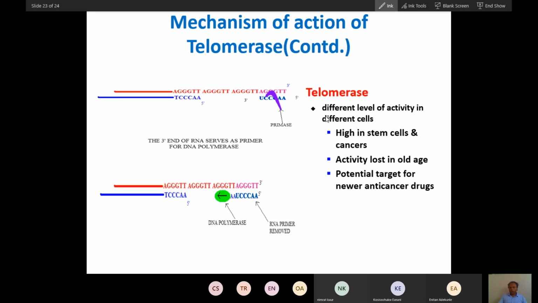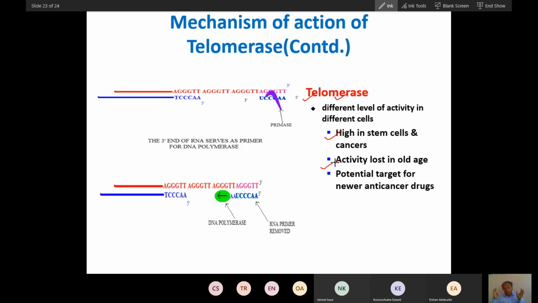So telomerase has different levels of activity in different cells. High activity is present in dividing cells. The cells that you see during embryogenesis, or stem cells, bone marrow cells, have very high telomerase activity, because those cells have to divide. But see, as the person ages, what will happen?